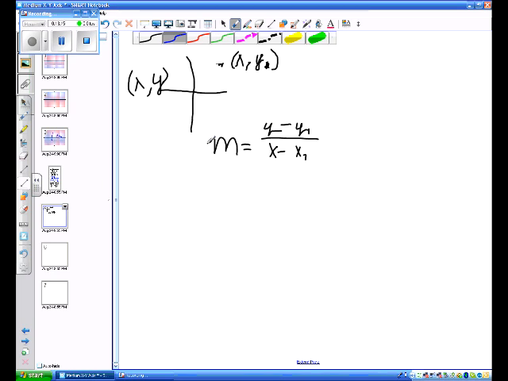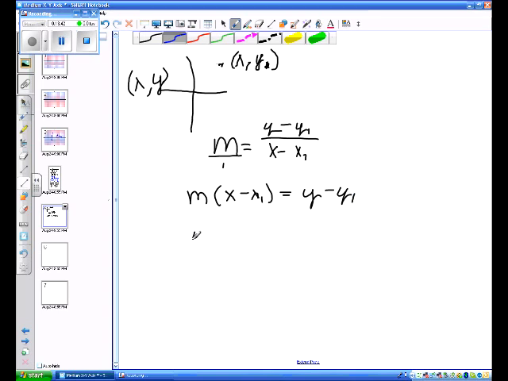Now, if I treat this as a ratio and I do my cross product, some of you may need to put this over 1, most of you probably don't. We would have that the slope times x minus the given x is equal to y minus the given y, whatever that y is.